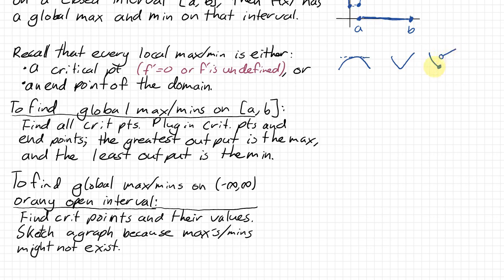That could be a minimum here, and that makes f prime undefined at that point. Or it's an endpoint of the domain, which just means this might have a maximum here and a minimum at the endpoint of the domain.